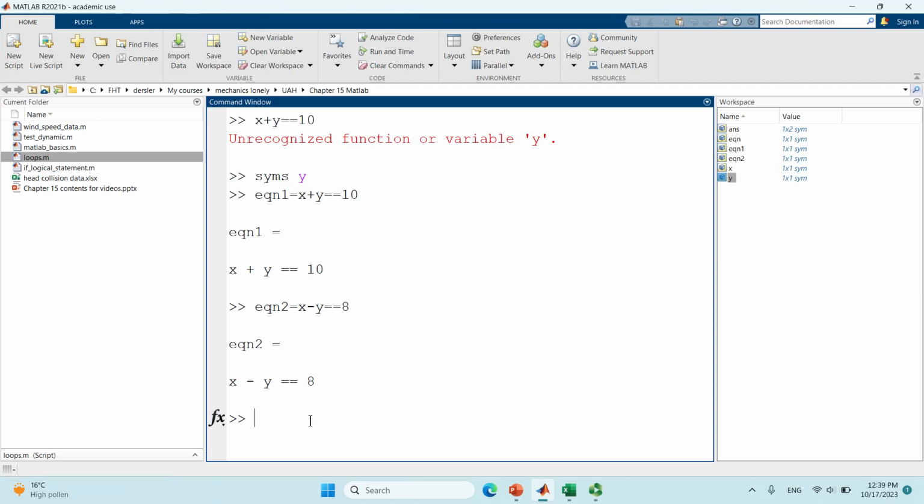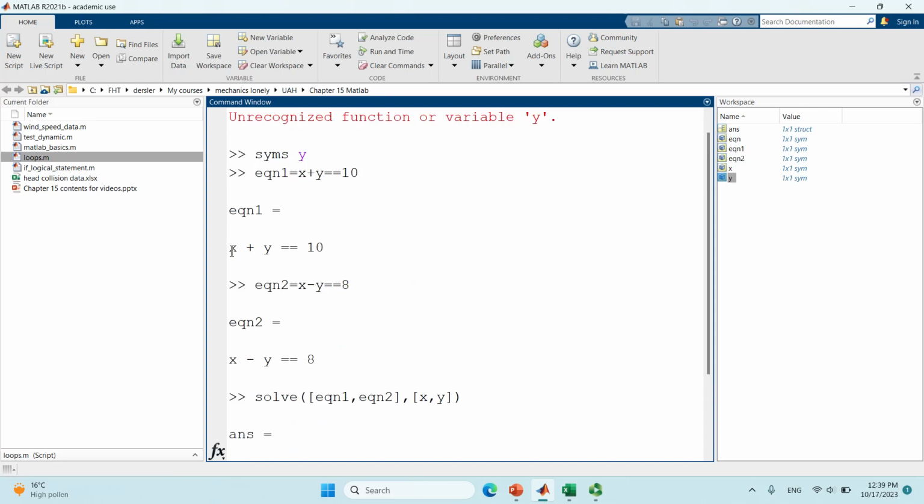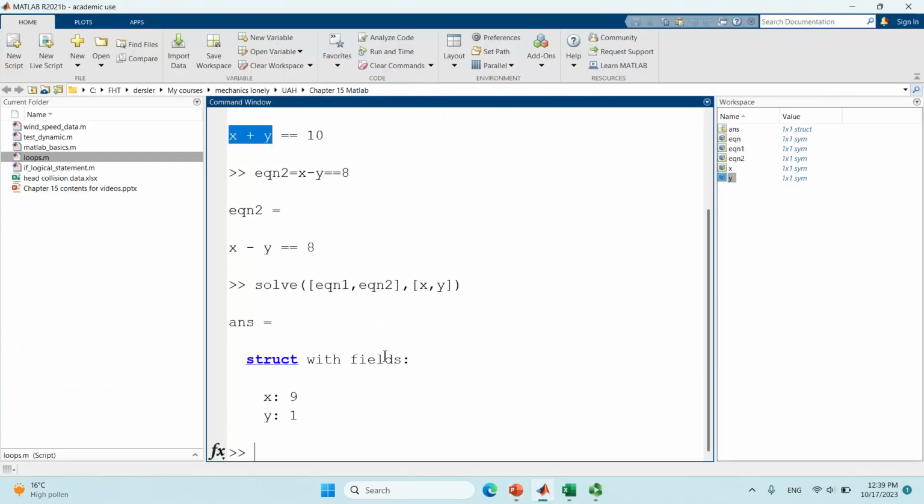Now I am trying to solve these equations with respect to the variables that I have. So I will say solve equation 1, equation 2 with respect to variables x and y. Okay, let's see. So you can see x is 9 and y is 1. If you replace it, 9 plus 1 is 10 and 9 minus 1 is 8. This is how you work with the solve command in MATLAB.